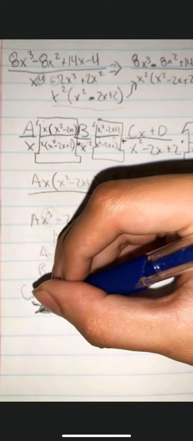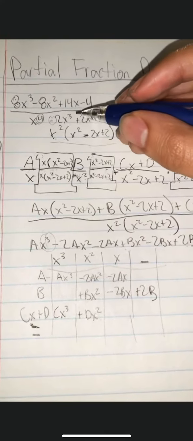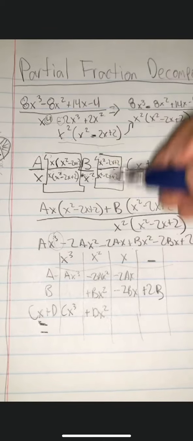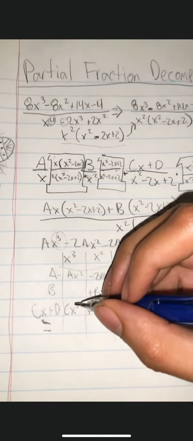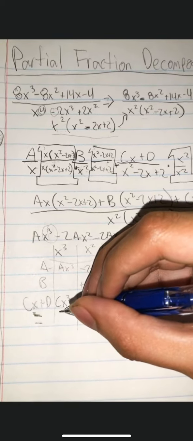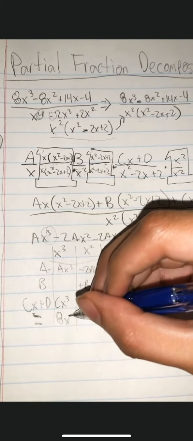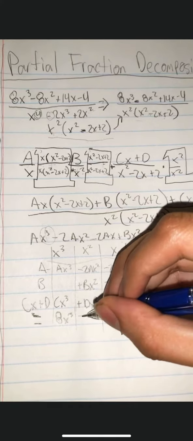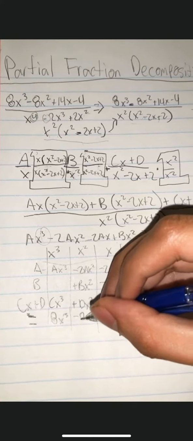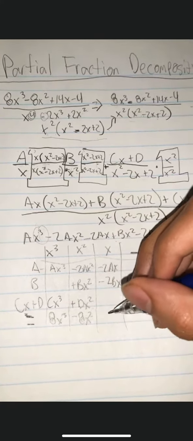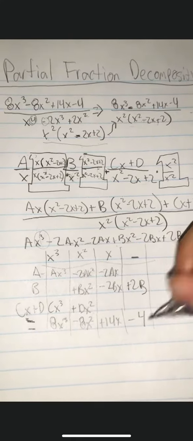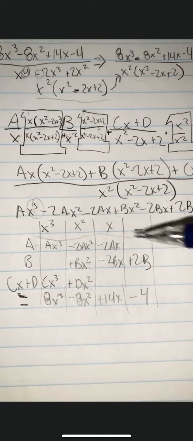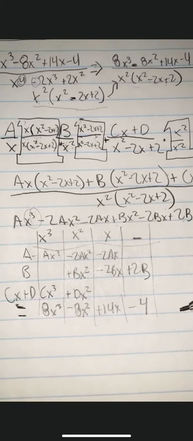And then down here we will write the numerator. So from the original problem, we will sort this out into our table that we created. So as you can see up there, we will write 8x cubed minus 8x squared plus 14x minus 4. So everything has been categorized and it's in its own spot.